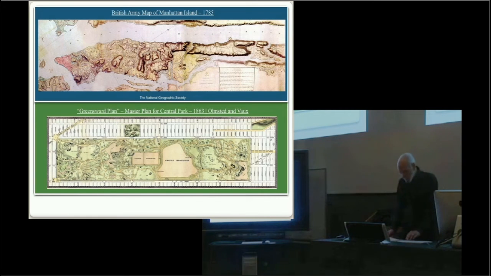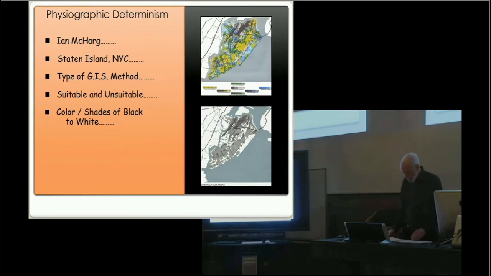And granted, there have been many other advances in computer-generated GIS methods, which post-date Ian McHarg's physiographic determinism method. However, the historic timing of this application I will use as an example for developing a system to identify suitable and unsuitable areas for specific land uses.